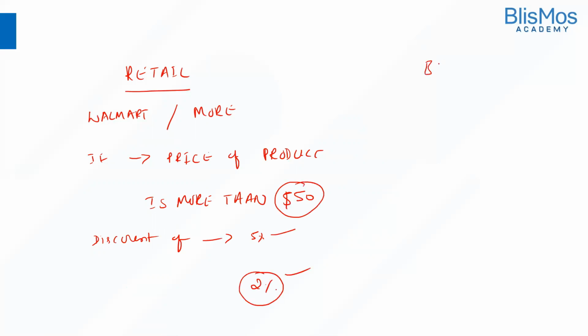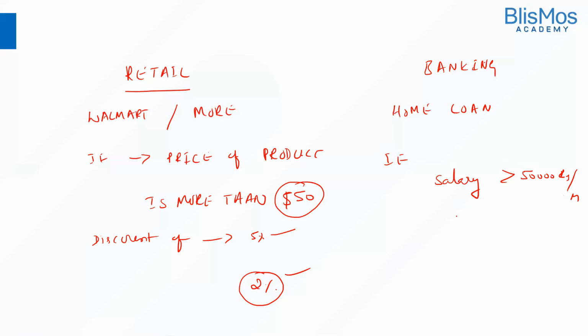Assuming that in the banking sector, a person is applying for a home loan. In that case, the home loan would be provided if the salary of the person is more than 50,000 rupees per month. But that will not be the only condition.